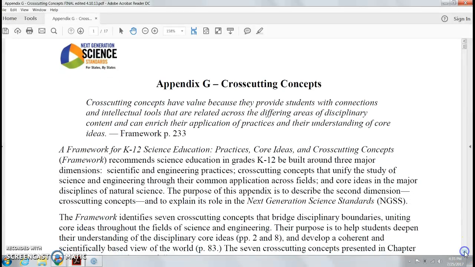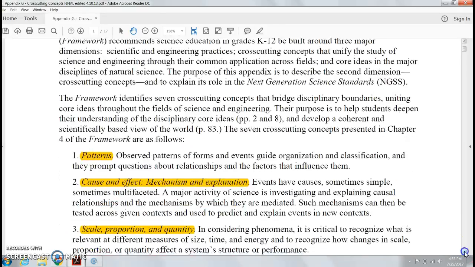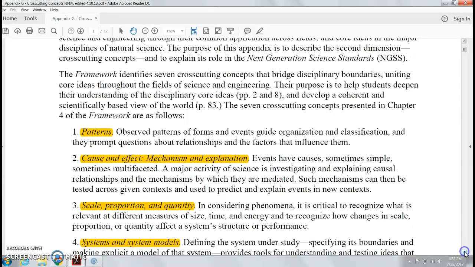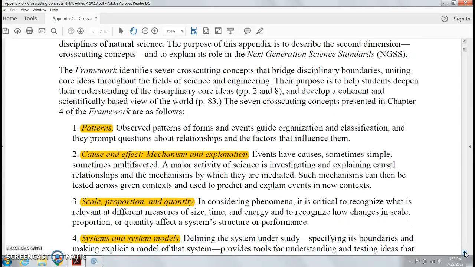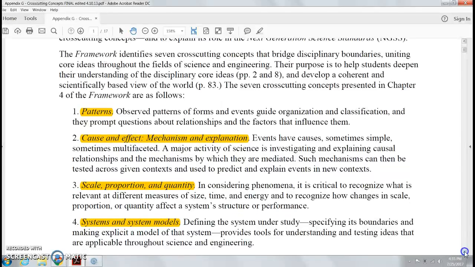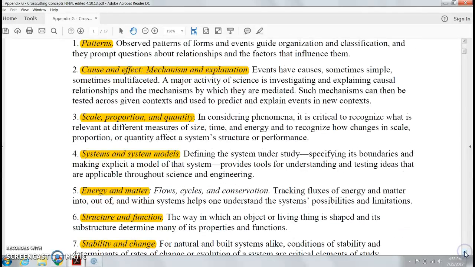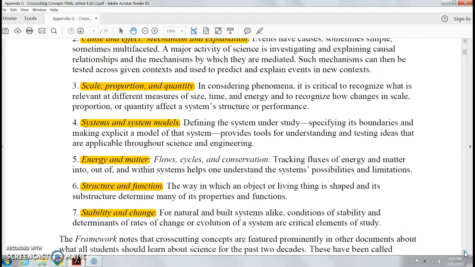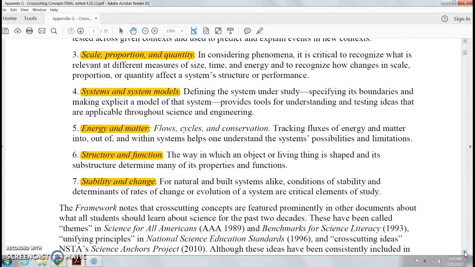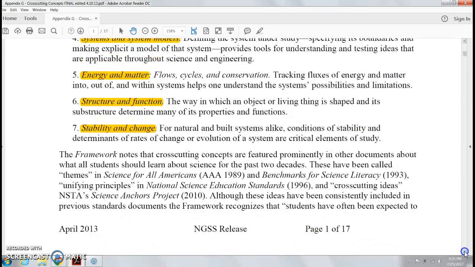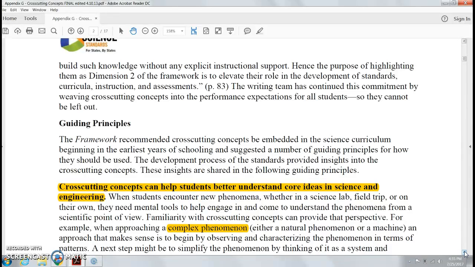On the first page of Appendix G, you're going to see that it will basically define each of the 7 cross-cutting concepts, which are patterns, cause and effect, scale, proportion, and quantity, systems and system models, energy and matter, structure and function, and stability and change. Then on the second page, it goes into why the cross-cutting concepts are being incorporated in the Next Generation Science Standards.